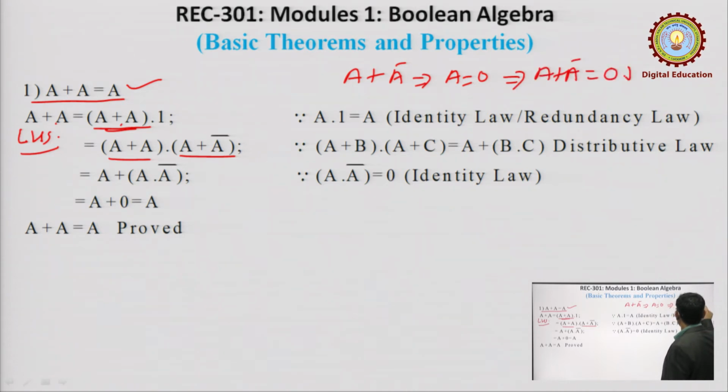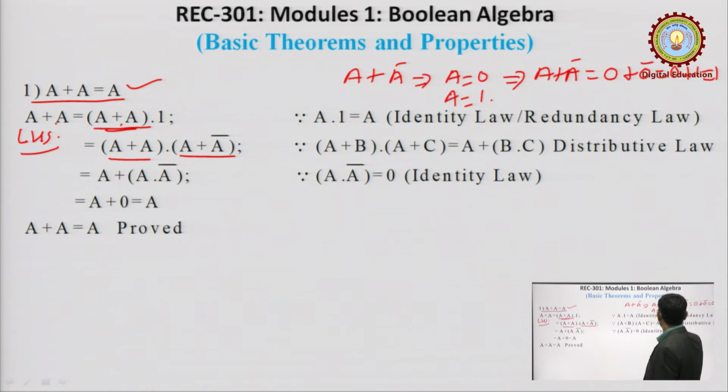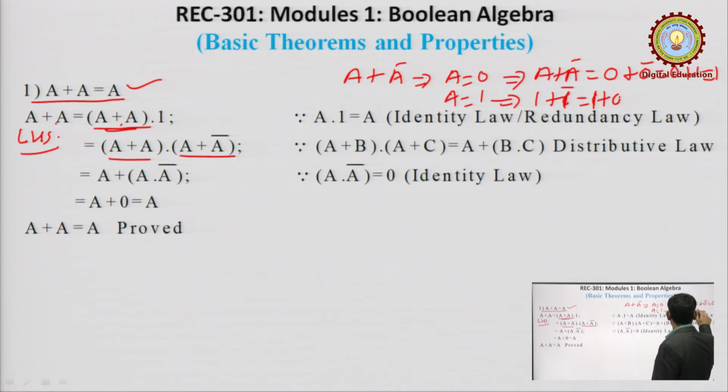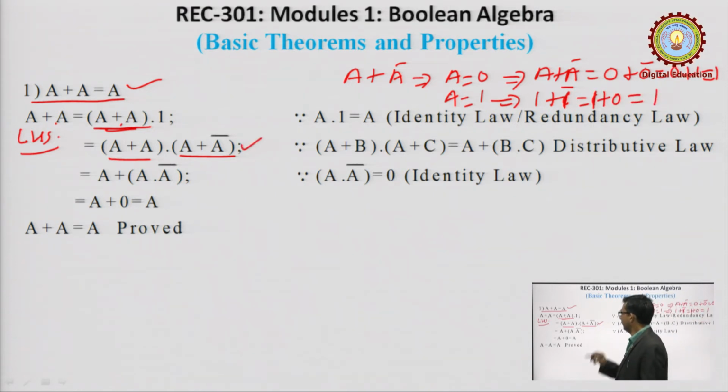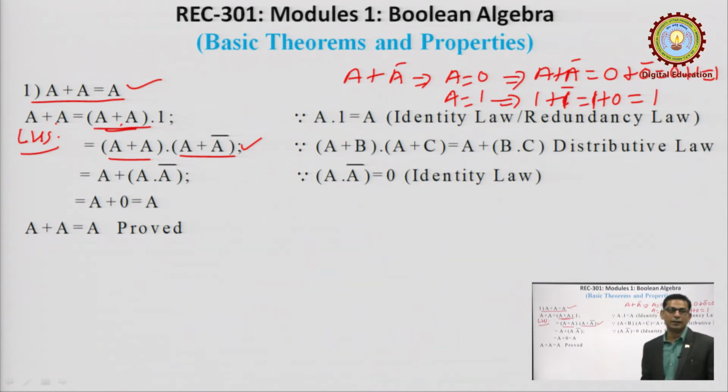It is 0 plus 0 bar, which is 0 plus 1, equal to 1. Now if A is equal to 1, then 1 plus 1 bar is 1 plus 0, and the output is still 1. So we can write 1 as A plus A bar.